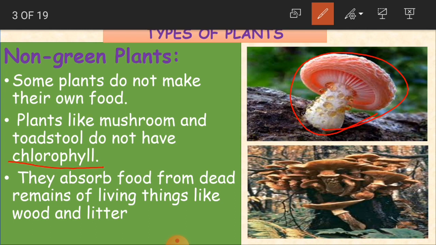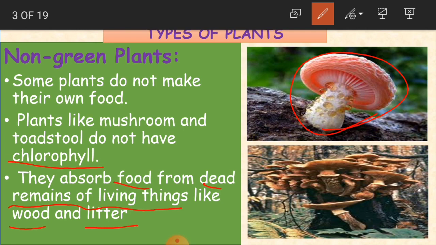And what is their food? They absorb food from dead remains of living things like wood and litter. So what is their food children? The dead remains of living things, like insects which are dead. And wood also, if it turns old, we see some insects coming out of the wood.